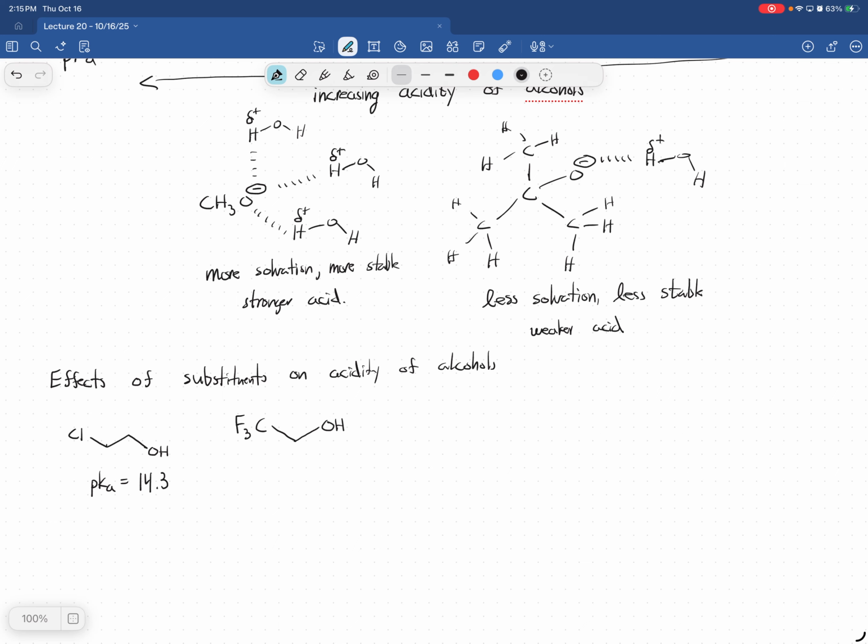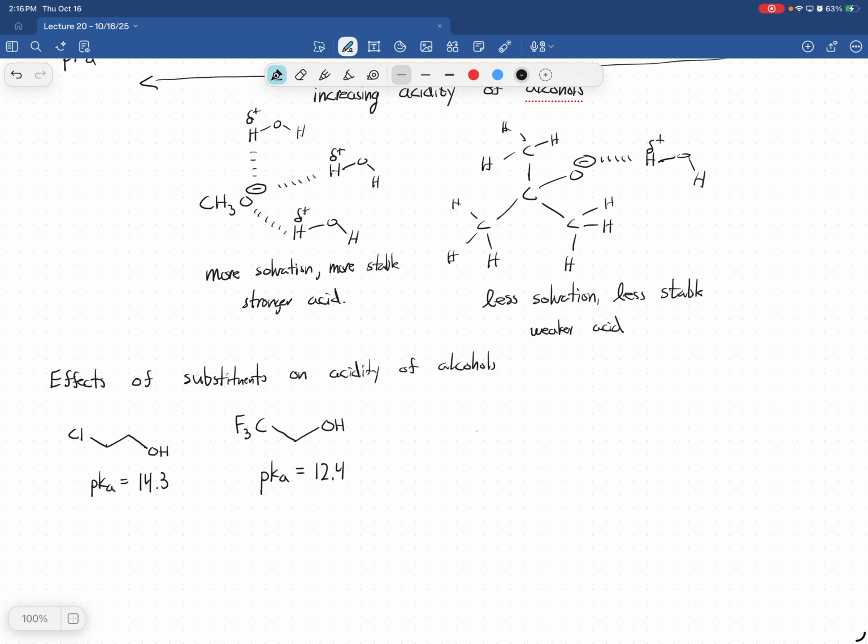Compared to the structure on the left, what do you think the pKa is, relatively speaking, higher or lower than 14.3? Lower, because fluorine is more electronegative. So that will make this 12.4, almost 2 pKa units down. And remember, pKa is on the logarithm scale, so 2 orders of magnitude is a 100-fold increase in acidity.